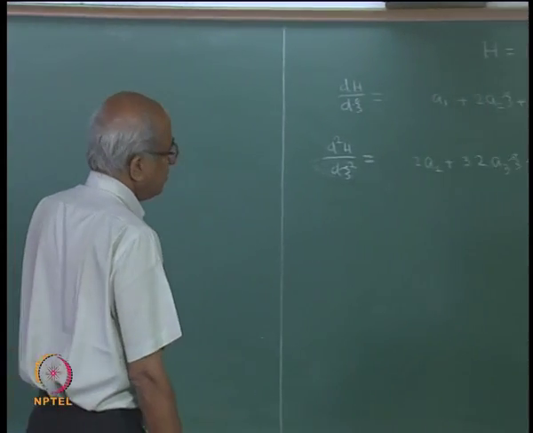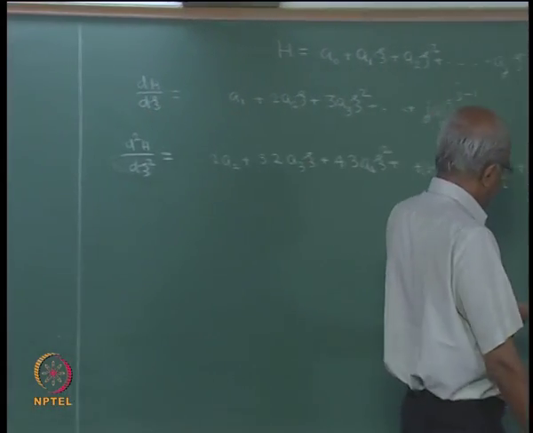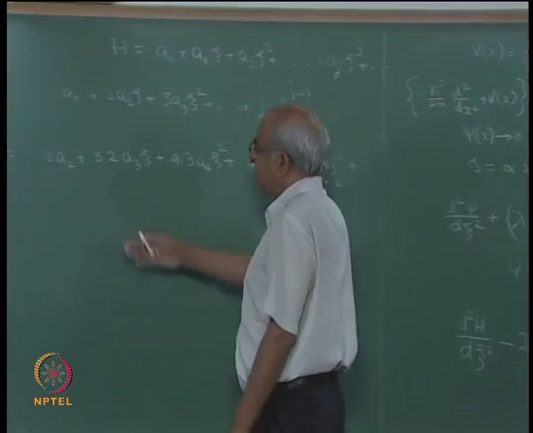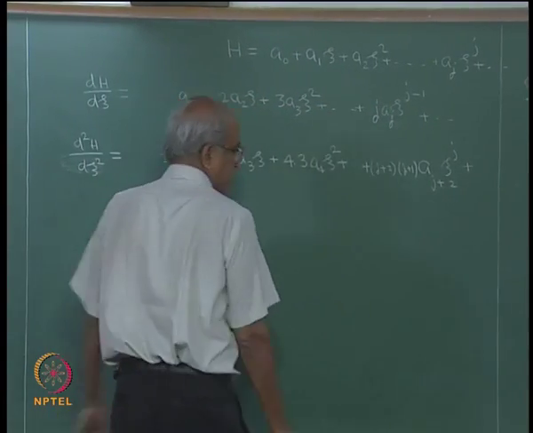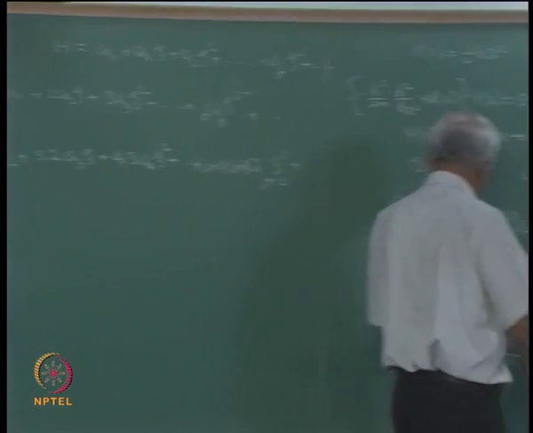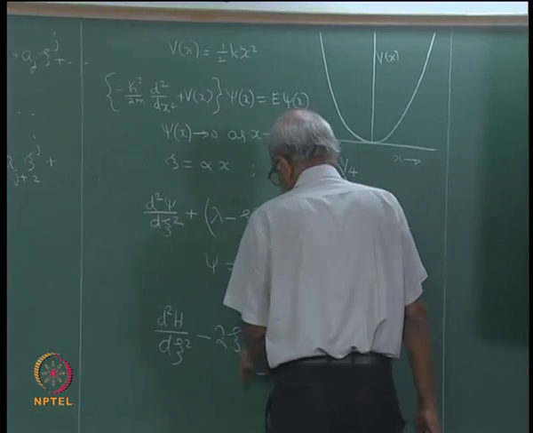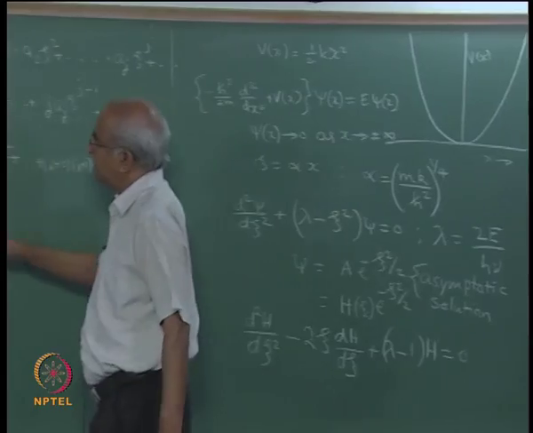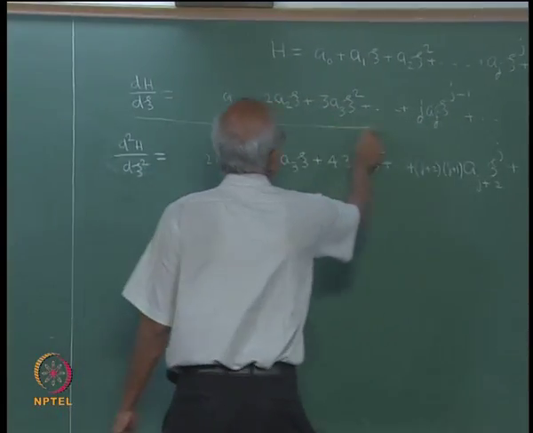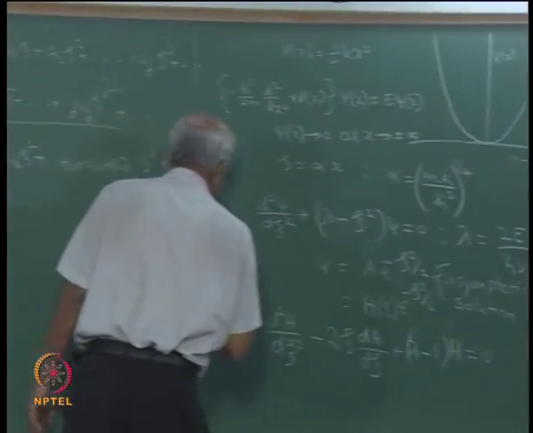And now I also need, if I look at the differential equation, I have d square h by dx square, but I also need minus 2c times dh by dx. So, that means I shall multiply this by minus 2c.